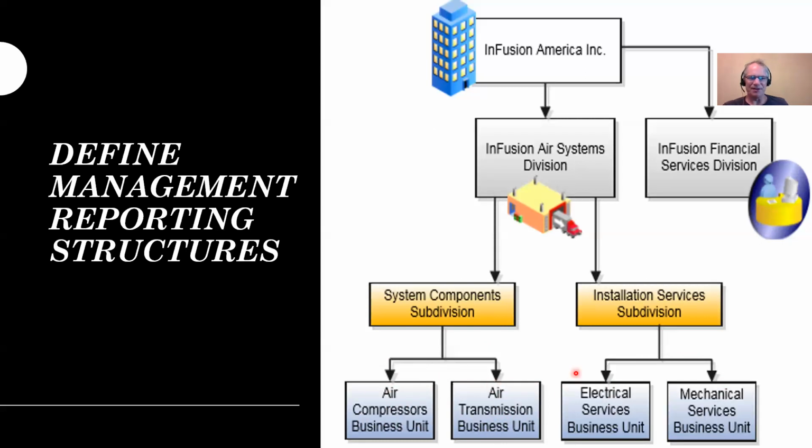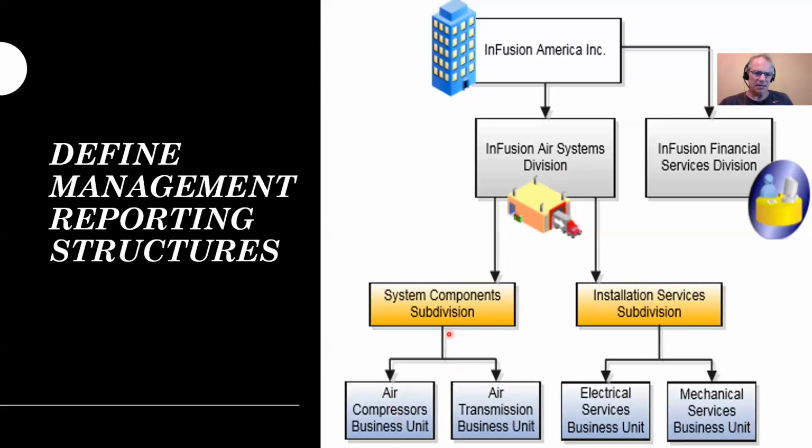You don't want people dabbling in other managers' area of responsibility. And finally, you can share reference data across all four of these, such as payment terms. That's a functionality that Oracle has.